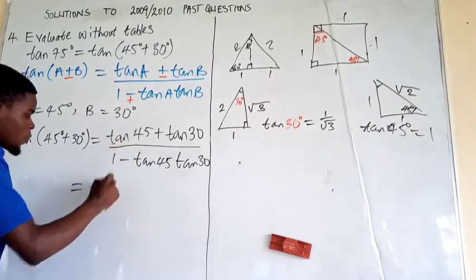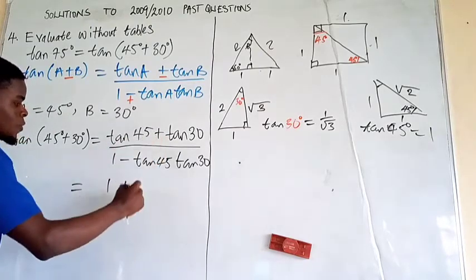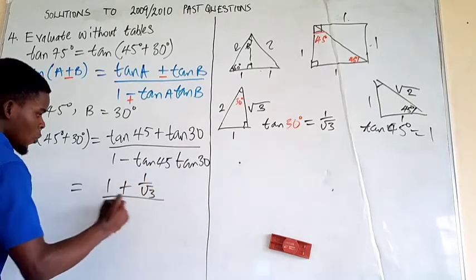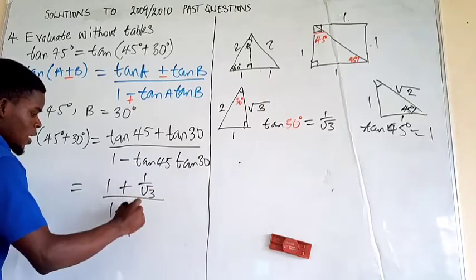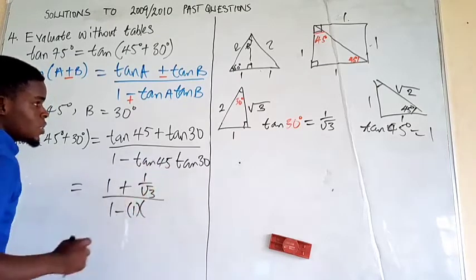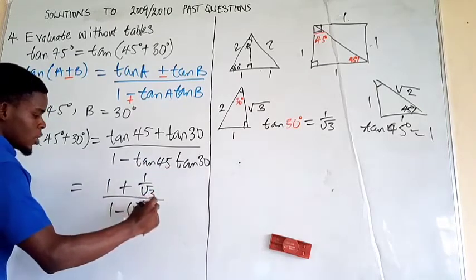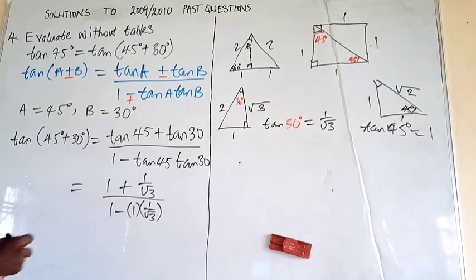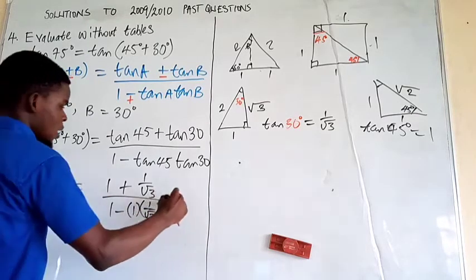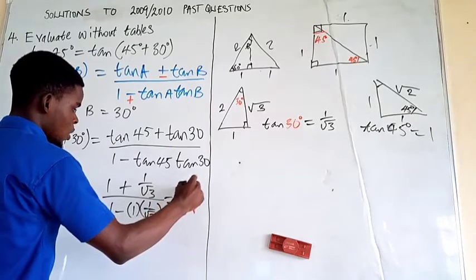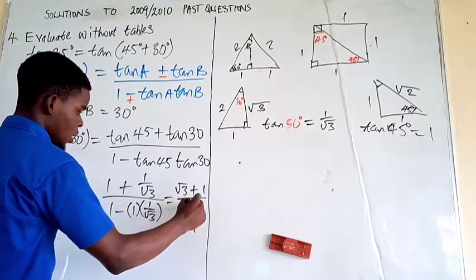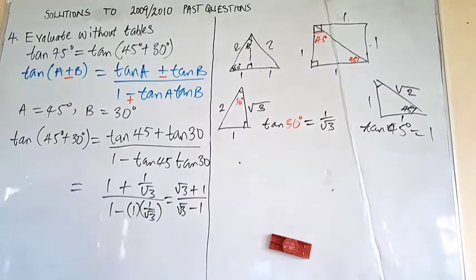Right. So we can just plug those things in here. We're going to have tangent of 45 degrees to be 1, tangent of 30 degrees to be 1 over root 3, then divided by 1 minus tangent of 45 degrees, which is just 1, times tangent of 30 degrees, again 1 over root 3. Okay, so we just go ahead and simplify some things. So from here we end up with root 3 plus 1 divided by root 3 minus 1.